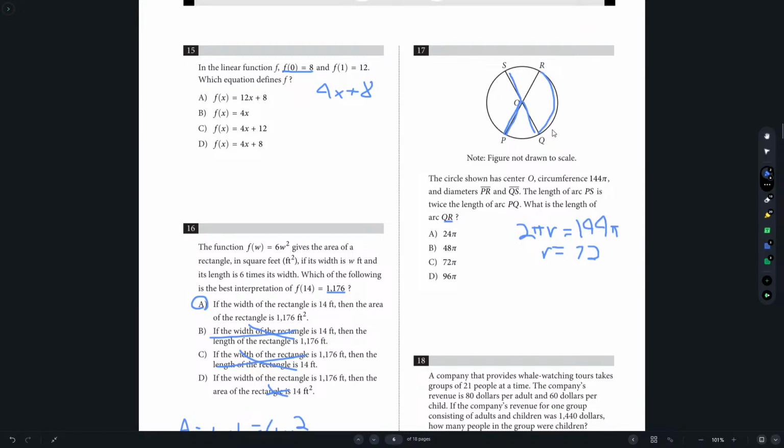So that means PQ is a third of the half, and PS is the other 2/3. So 2/3 times 72 pi is 144 pi over 3, which gives us 48 pi. I want to say B, 48 pi is the right answer here.